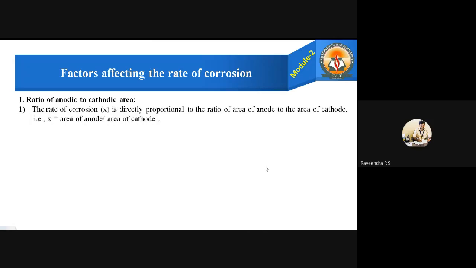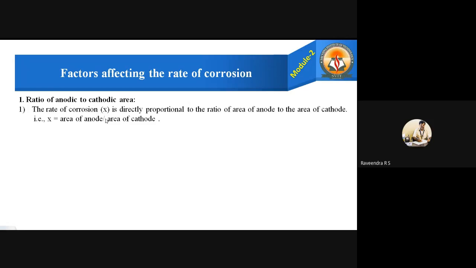In the previous class, during the explanation of the electrochemical theory, I explained the meaning of the area. Two areas are formed during corrosion, the anodic area and the cathodic area. The ratio of these two is the key factor which affects the rate of corrosion.